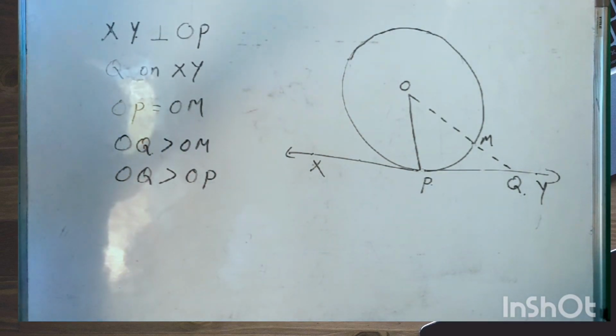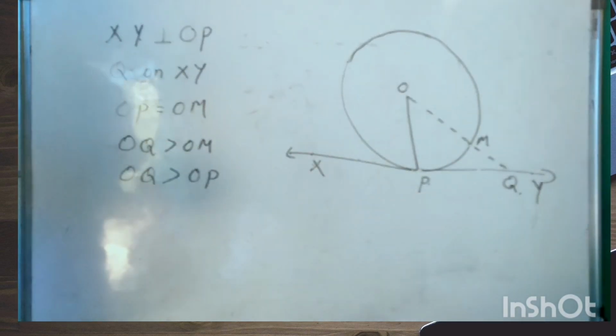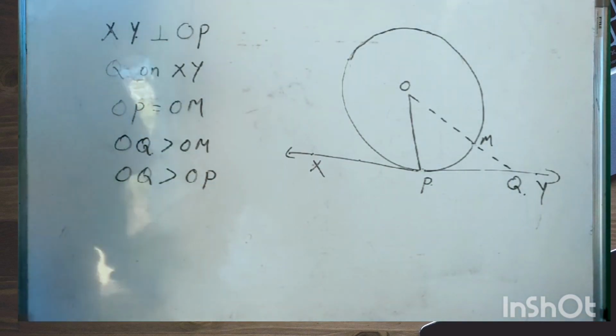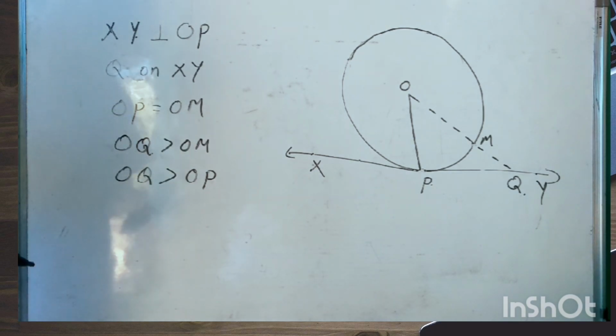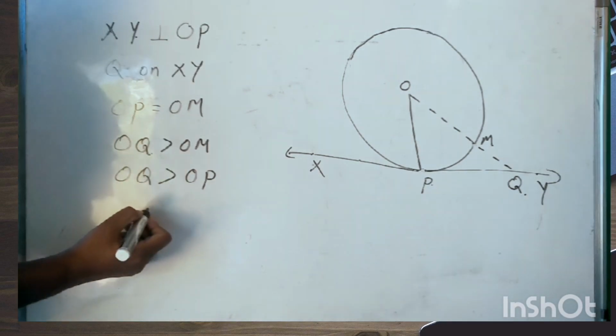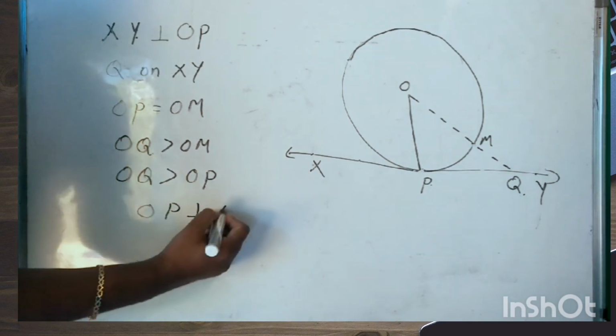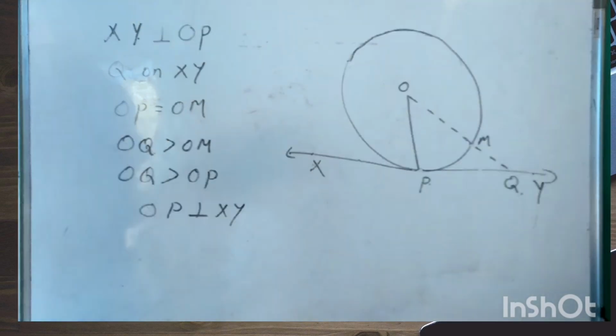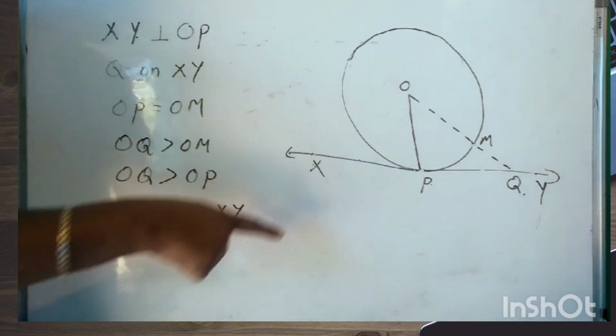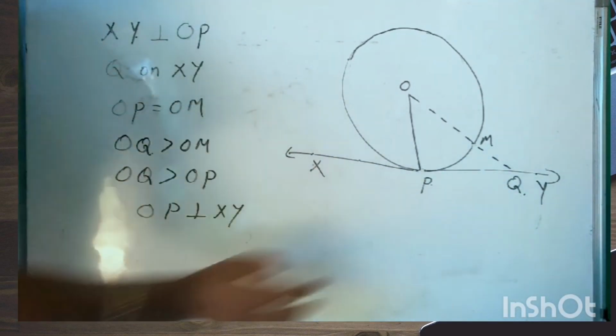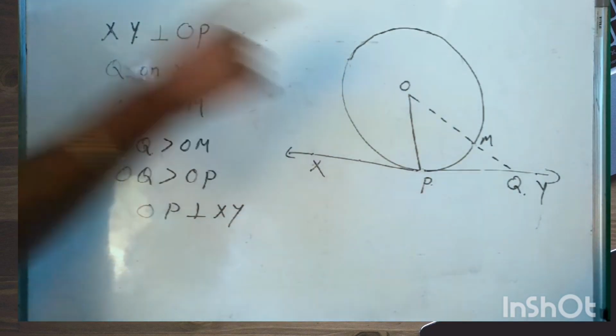That means that distance should be greater than our OP. Then this OP is our shortest distance of all the distances from the point O to the points of XY. That means OP is perpendicular to XY.